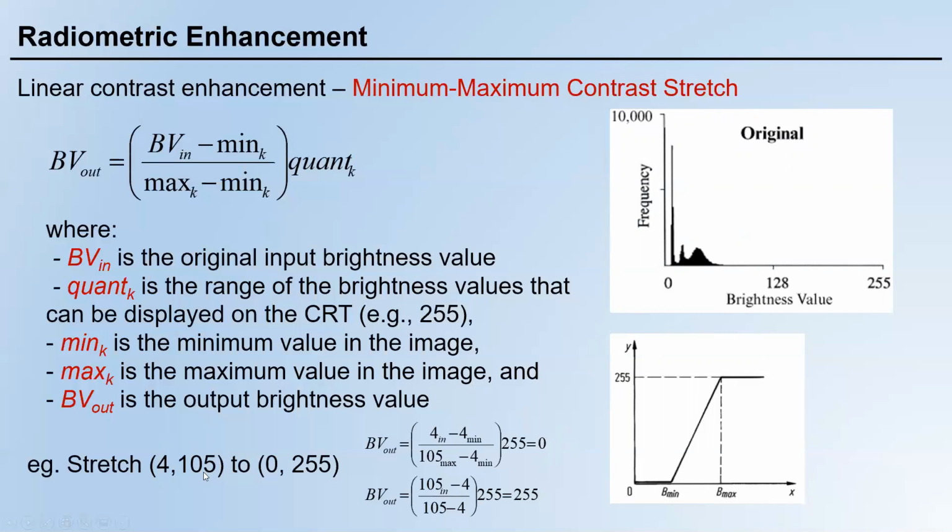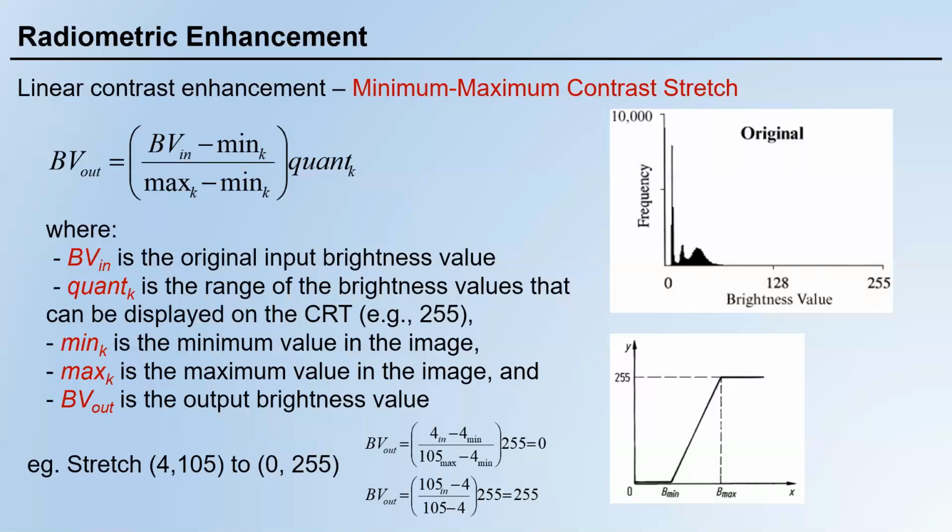And another pixel with an original value of 105, which is the maximum value of the original image, still has the maximum value of the output image, but it's not 105 anymore, it's 255. So you can see this process is very straightforward.